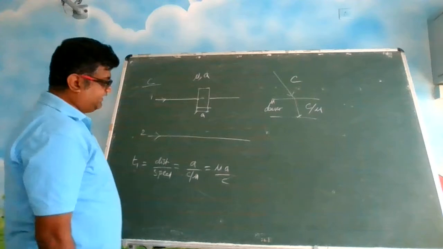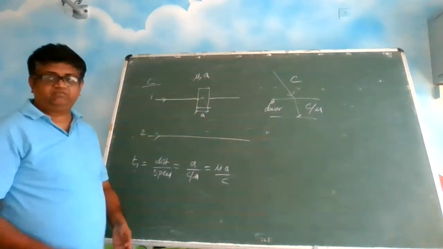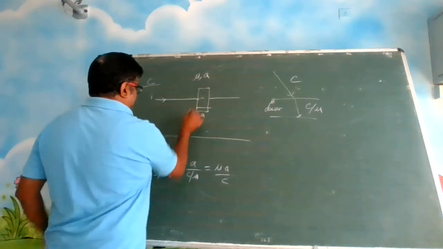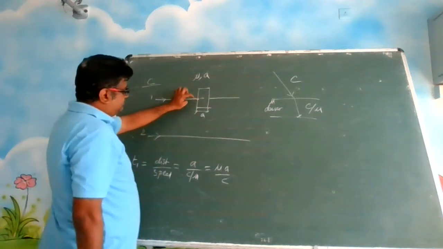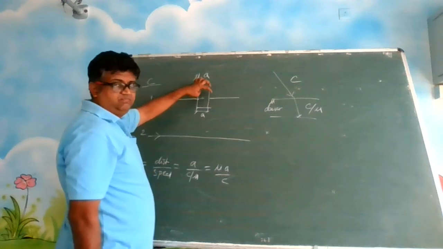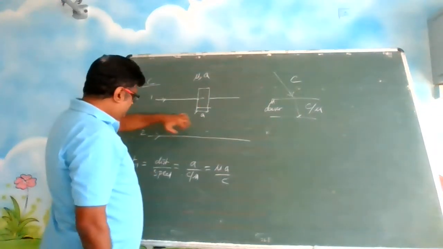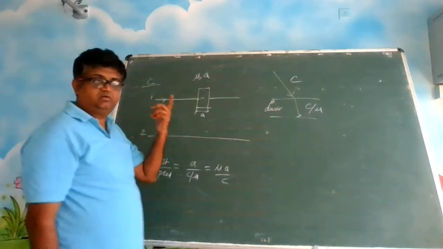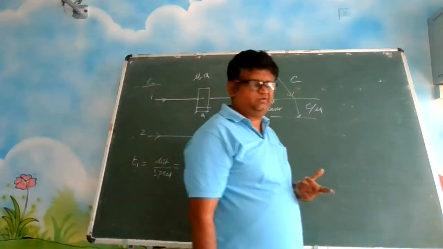What is happening to the second ray? Is the second ray facing any problem? The second ray has no obstruction. So by the time the first ray goes from here to here, it will take T1 time. But in T1 time, what will happen to ray 2? It will go with speed c. It has got no obstruction.